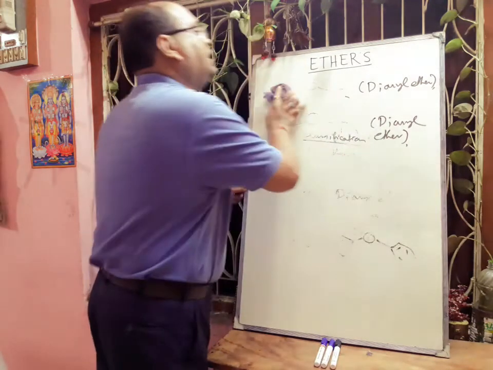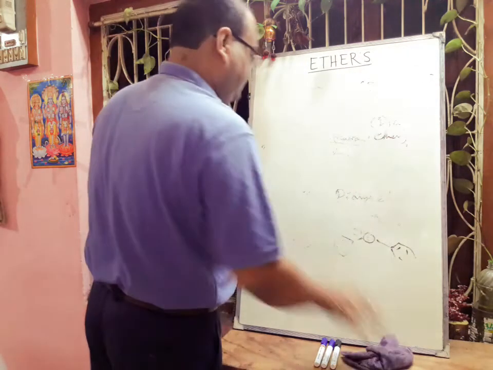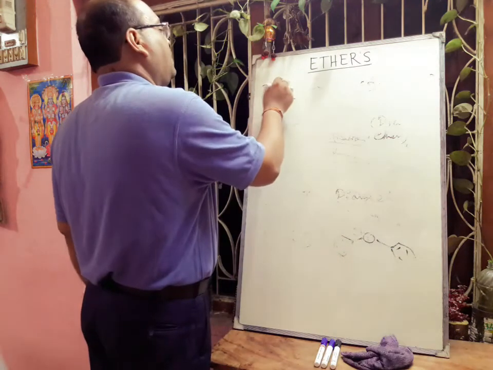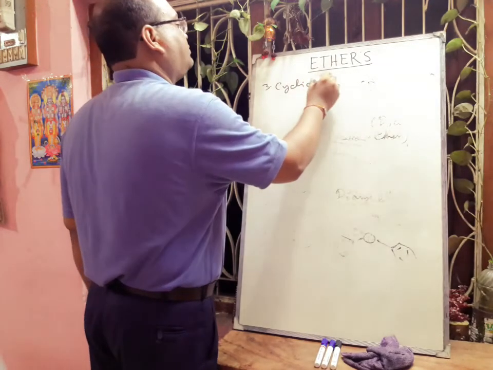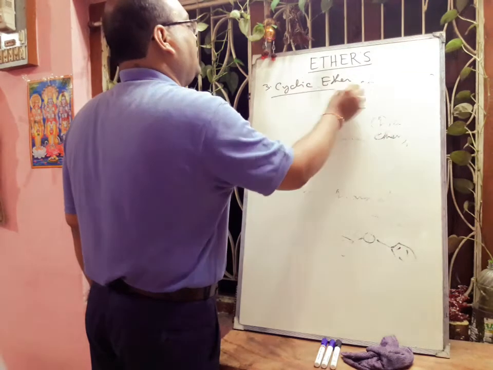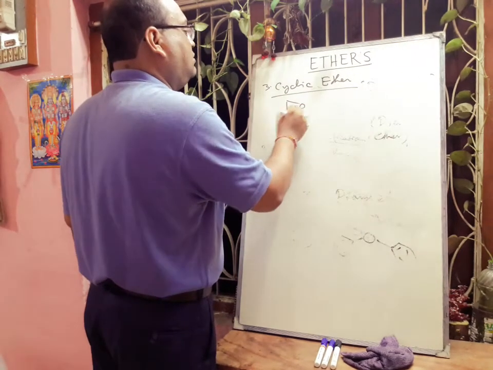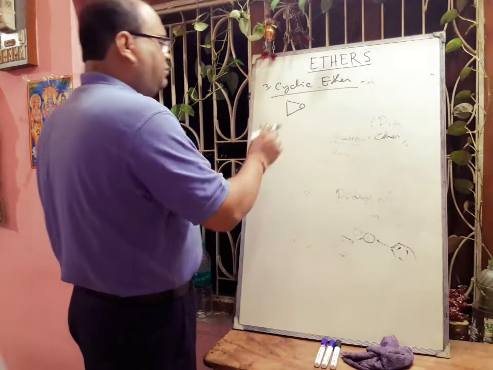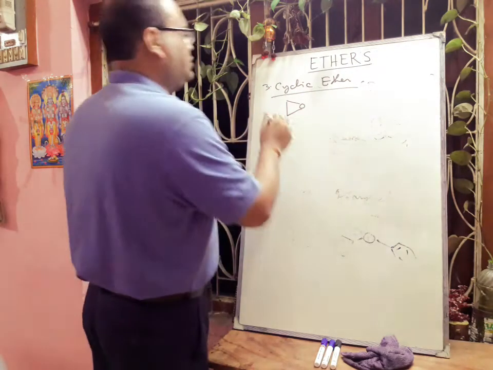Next we will discuss one more type of ether, that is called cyclic ether. Cyclic ether, we can think about this one, 1,2-epoxyethane, or it is called ethylene oxide.